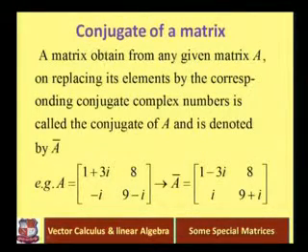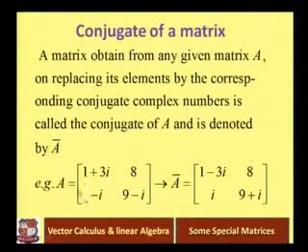Now we define the conjugate of a matrix. A matrix obtained from any given matrix A on replacing its elements by the corresponding conjugate complex numbers is called the conjugate of A, and it is denoted by A bar.